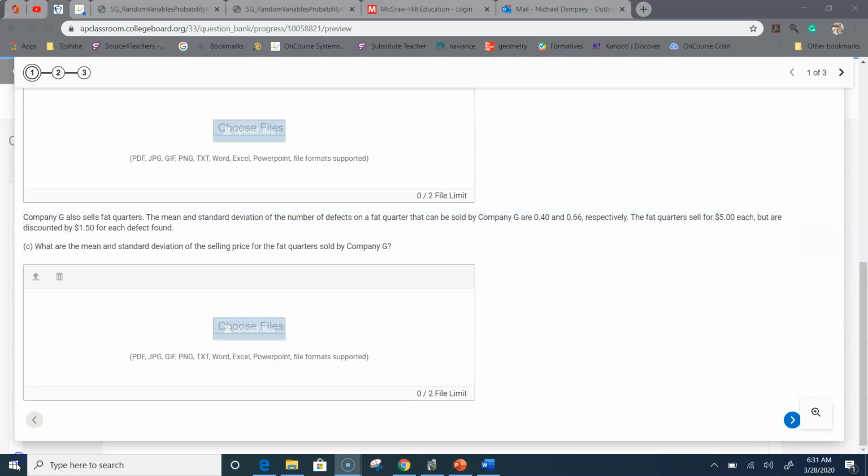So the first linear transformation, for the mean, should be kind of intuitive, right? The mean is going to be $5 each, but they're going to lose $1.50 for each defect. And the probability that they get a defect is 0.4. Just a linear transformation.